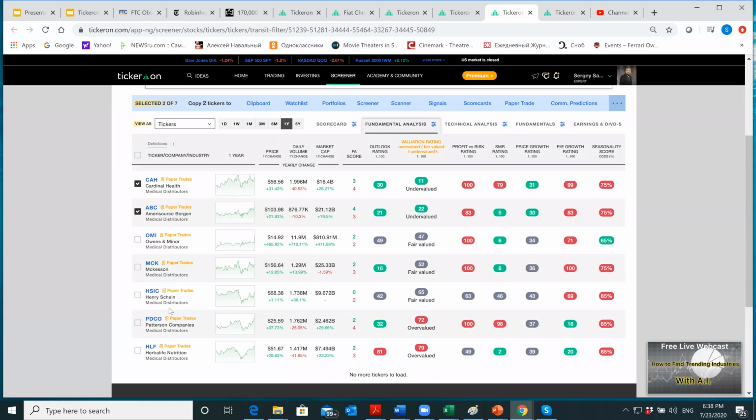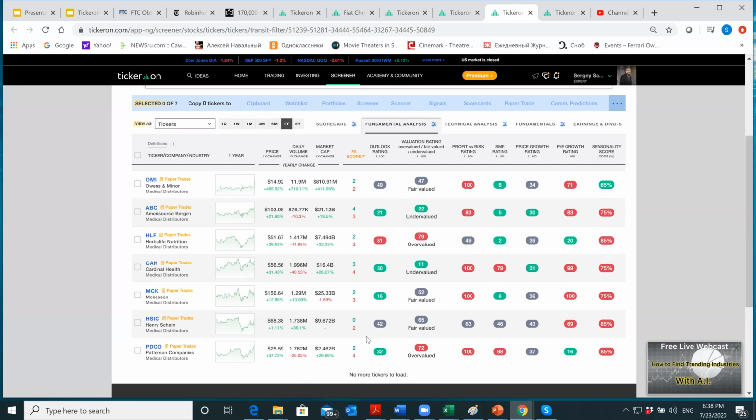There are some other reds, but it's not that important. What you do is try to find the best score. For instance, ABC and OMI have a good combination of a fundamental analysis score.